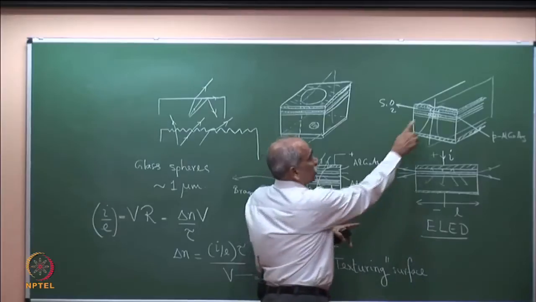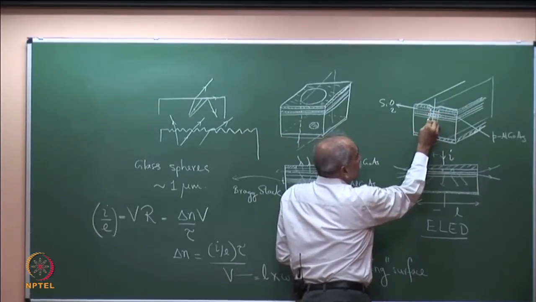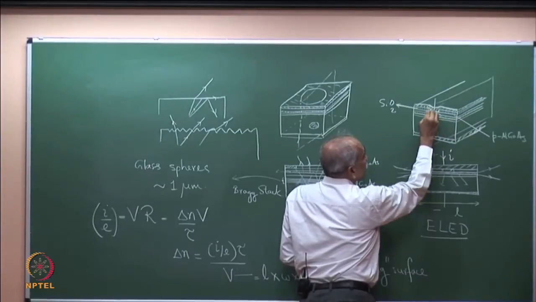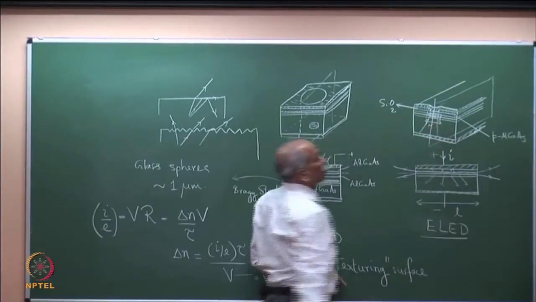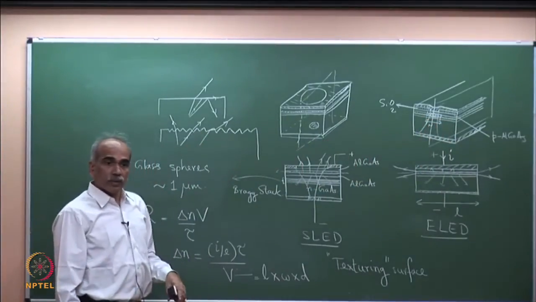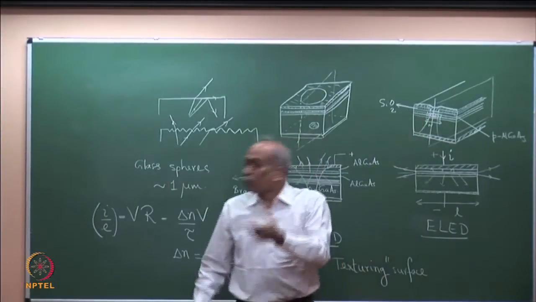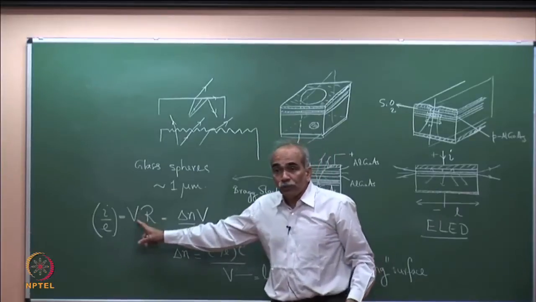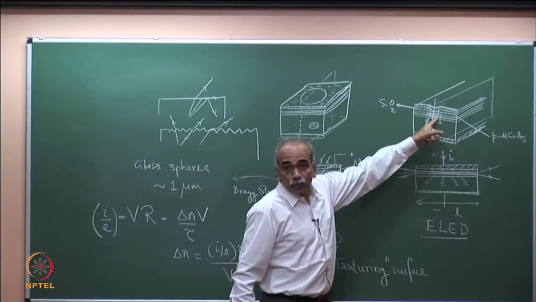What is the width of the device? If I reduce the electrode, then the effective width is only this. This is W, the width of the device, because the V here stands for the volume where recombination is taking place. Therefore, recombination is taking place only here.